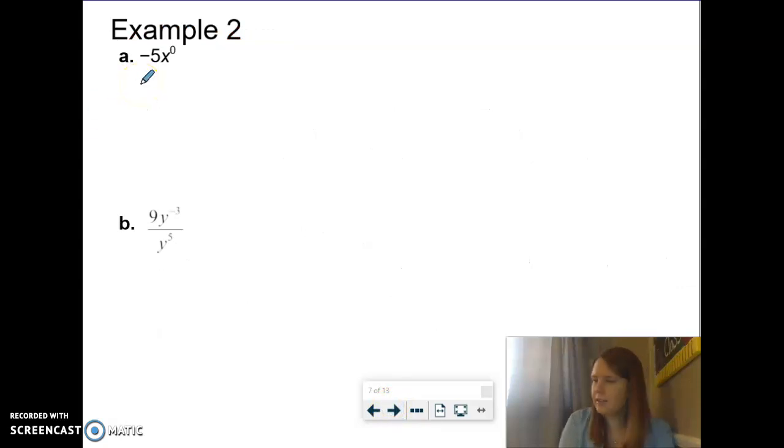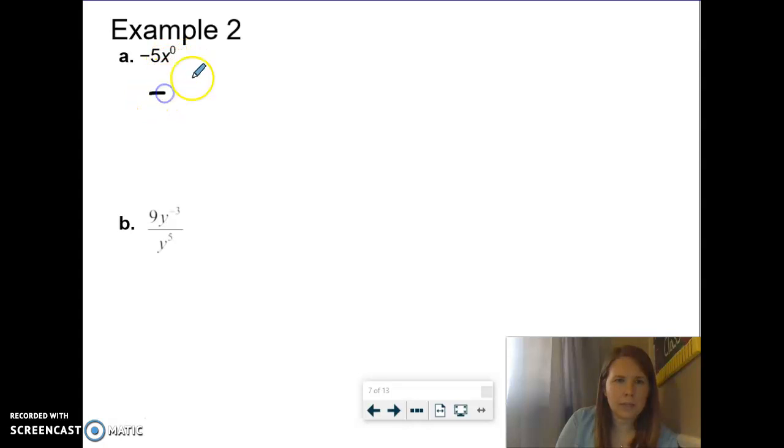All right, so our next example, we have negative 5 times x to the 0. The tricky thing with these ones is you have to realize where this exponent is going. In this case, this exponent is only for the x. I know it sounds weird because I'm saying exponent and then x, but this one only goes to the x value.